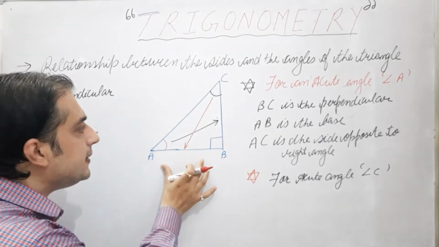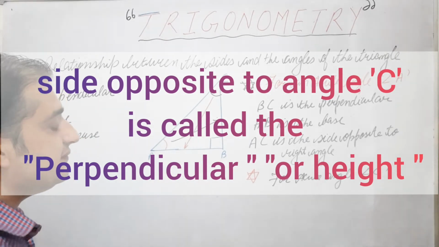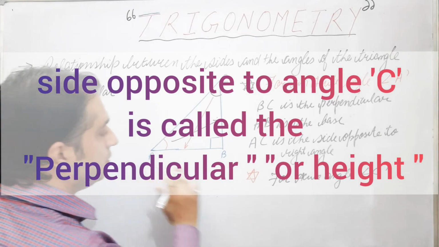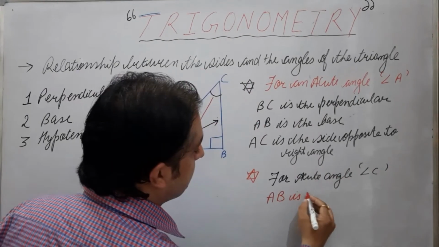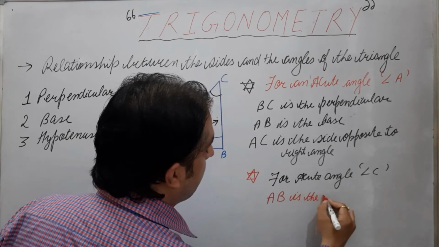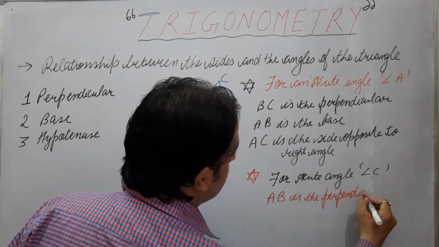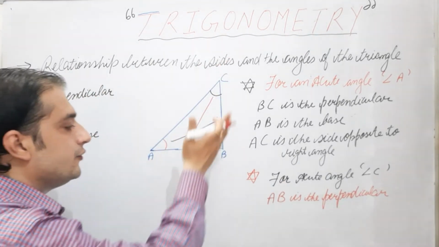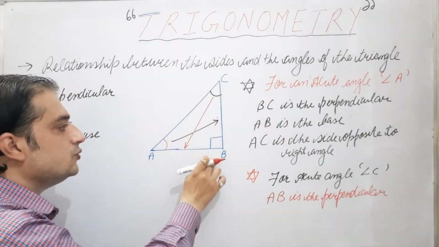So here AB, that is the opposite side of angle C, it will become your perpendicular. तो इस केस में जो AB होगा आपका, that is perpendicular, right? Or you can say the side.